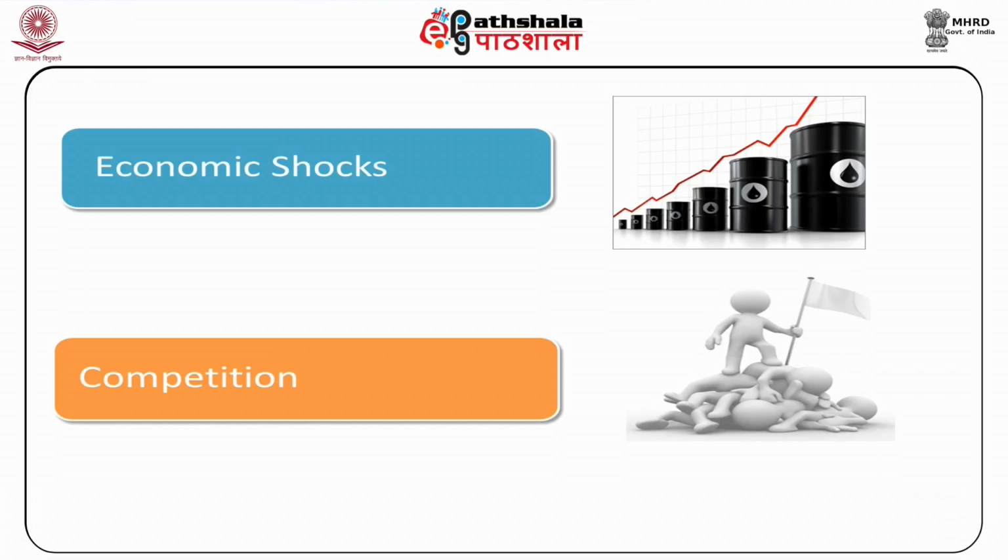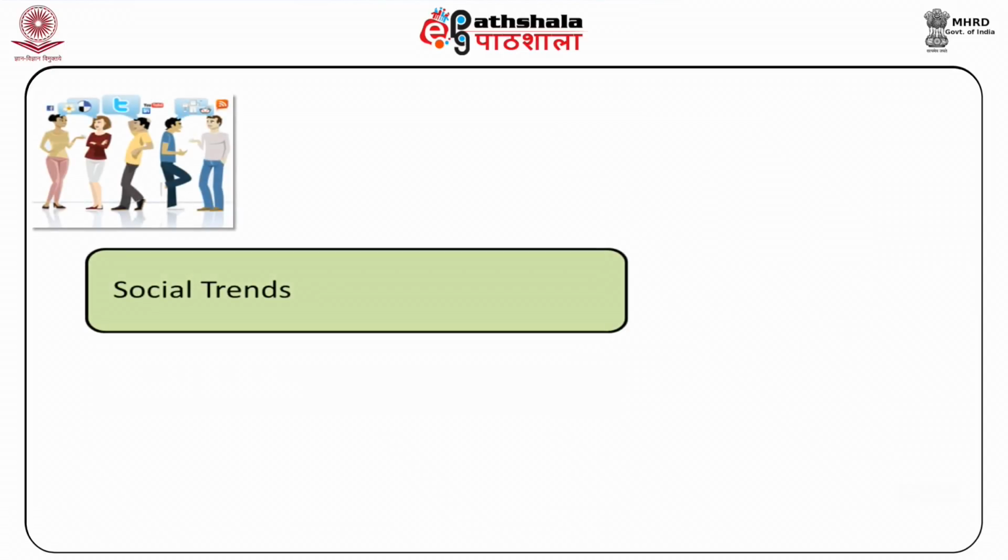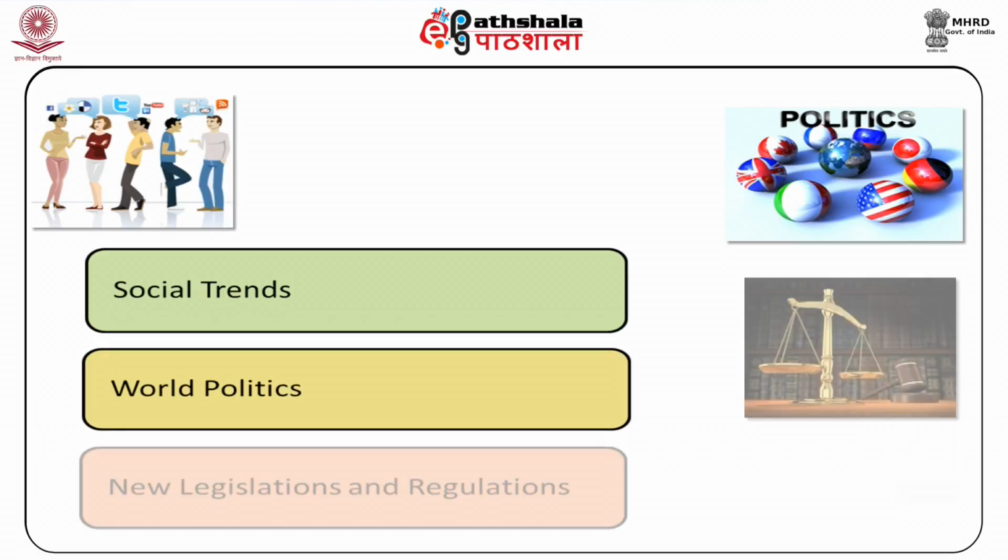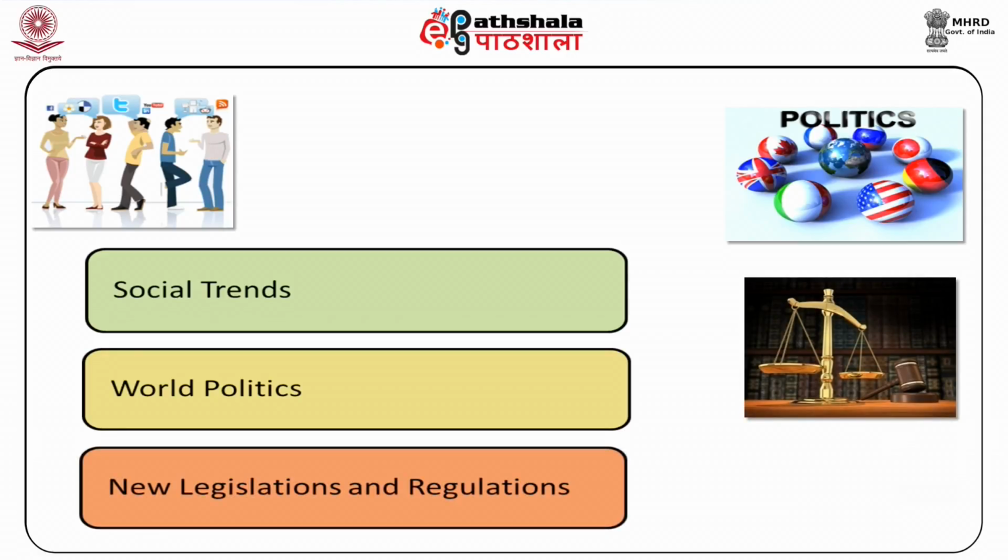At the same time, in order to be more agile, firms are moving towards flexibility with respect to business processes and policies. This shows how competition is imposing changes on organizations. We have social trends, world politics, and new legislations and regulations influencing changes in organizations.